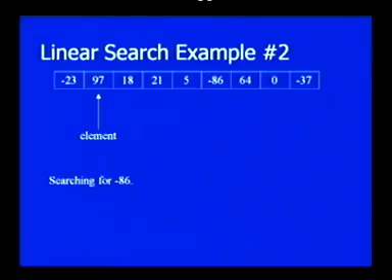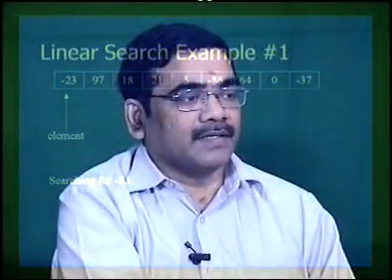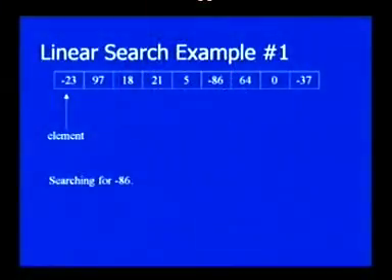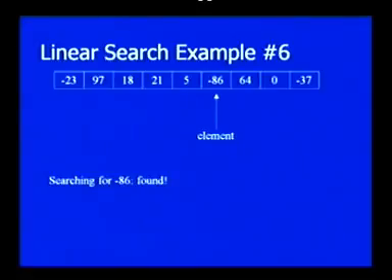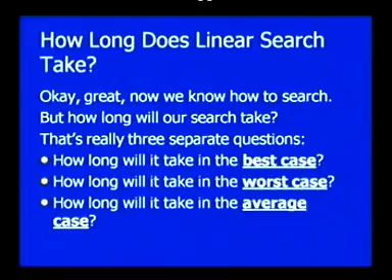So, first comparison minus 23, I am searching for minus 86, 97, it is not what I want, 18, 21, it is not the thing. Now my key is present in the 6th position of this array. So, now you can see how this algorithm works.